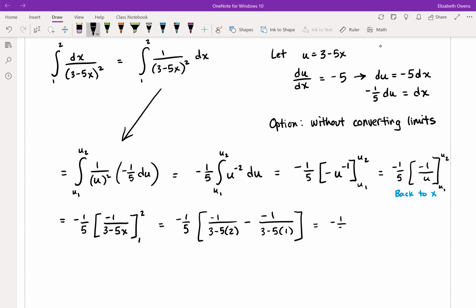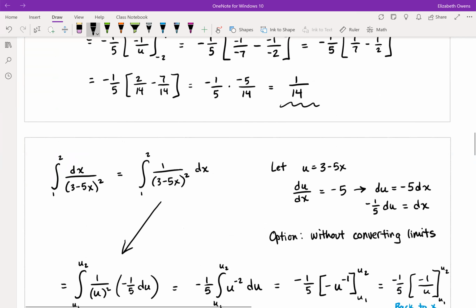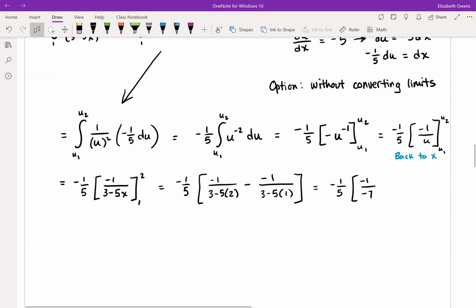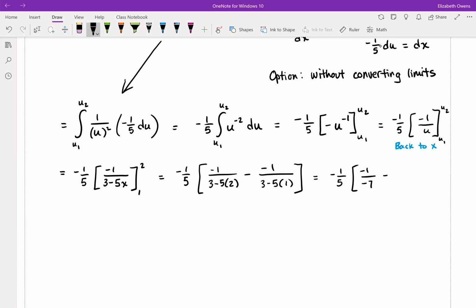Okay. Notice that ultimately we do end up doing the same calculations as we did with the option where we converted limits. We just do them in a different stage of the problem, and that's fine as long as it gets done.